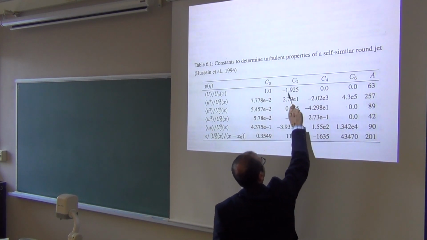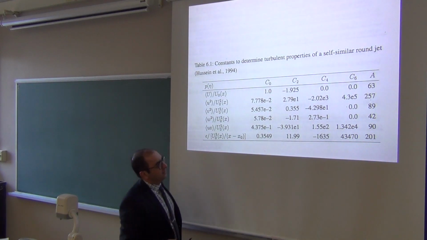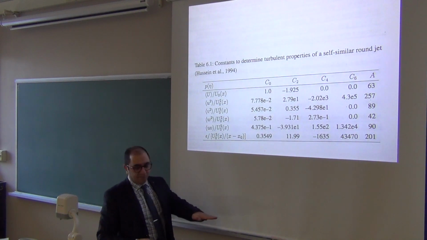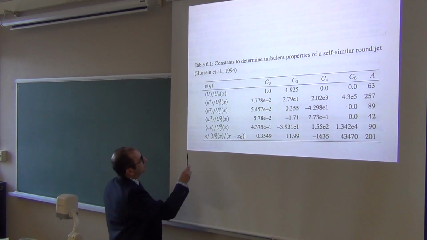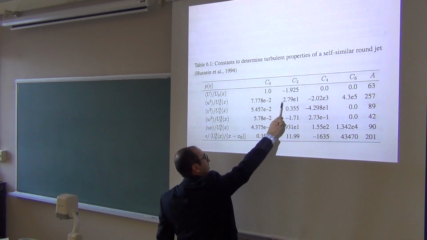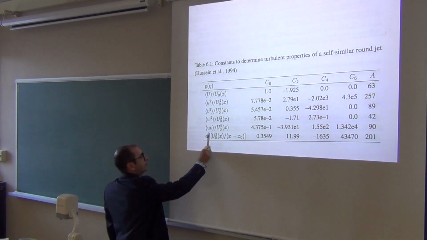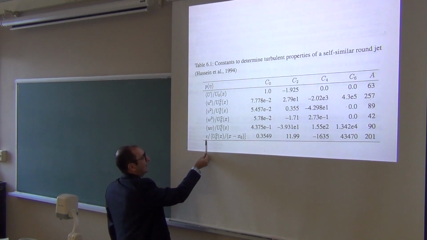So you put these constants in that fit and you calculate the value of eta and you calculate mean flow anywhere. Doesn't have to be on the central axis, could be on the side in the radial direction. Variances, again, you can put the constants of interest and calculate your variance. So is covariance, also has its own fitted constants.